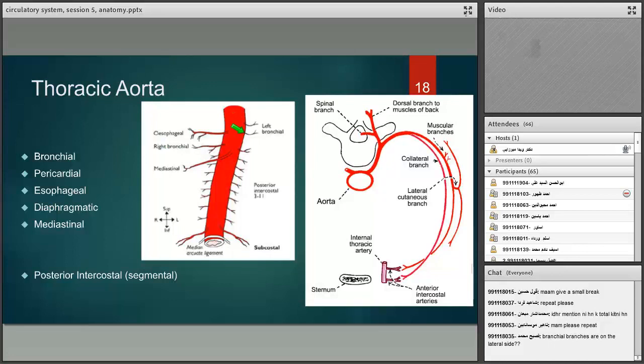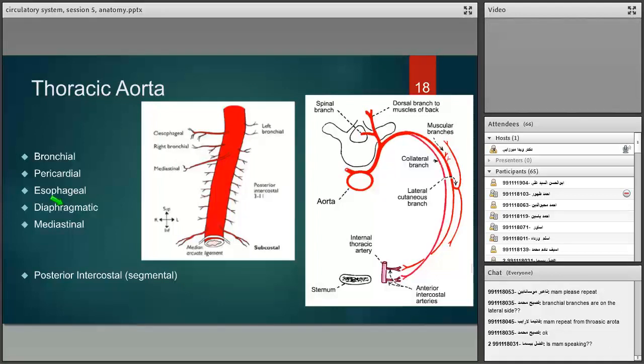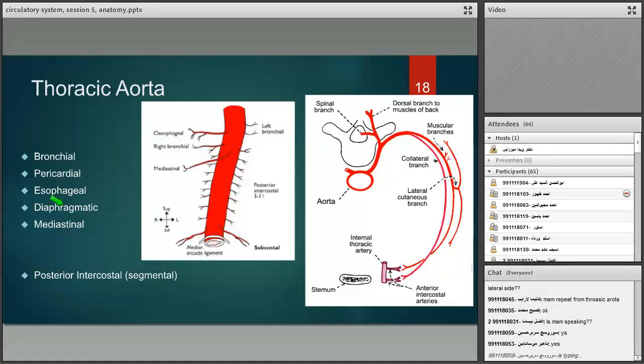The left bronchials are on the left side, but generally the bronchial branches are branching from the anterior side of the aorta. So the superior phrenic or diaphragmatic branches are supplying the blood for the superior side of the diaphragm.